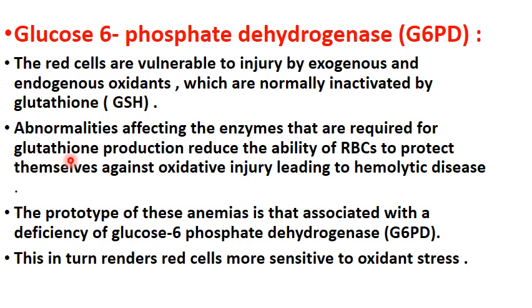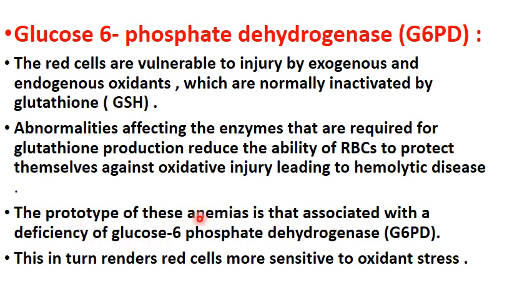So any abnormality, any disease, any mutation that affects the enzyme that is important for the production of glutathione makes the red blood cell unable to protect itself. When there is oxidative injury, it leads to hemolytic disease because there is nothing to protect the cell. There is no glutathione production because of abnormalities in the enzymes that are important in the production of glutathione.